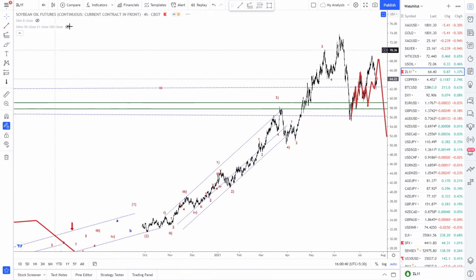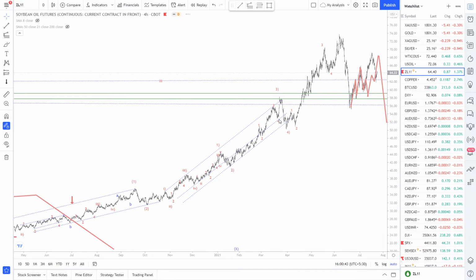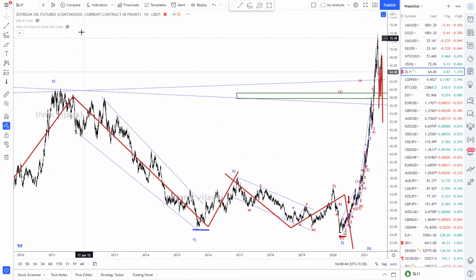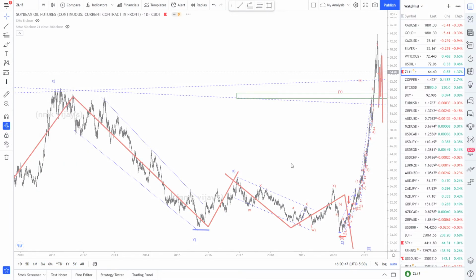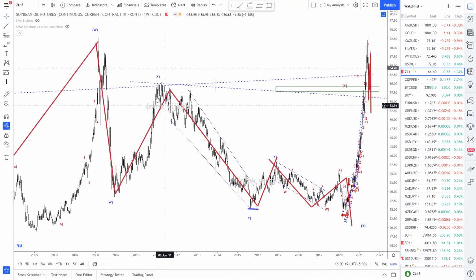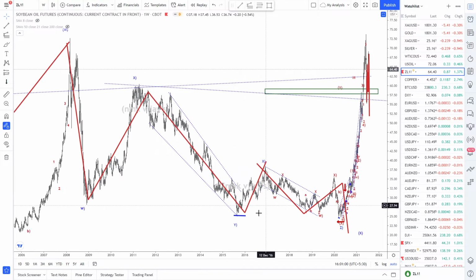What is that? See, from here I expected in the weekly chart. See, this is a 1, 2, 3, and what I did is the AB is a W, this is an X. So I thought this is a Y. So after that, I expected this X here and one more ABC, and here I thought this could be an expanded flat also.